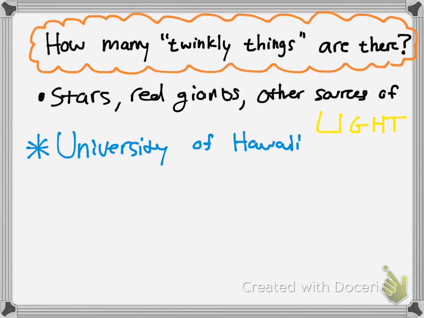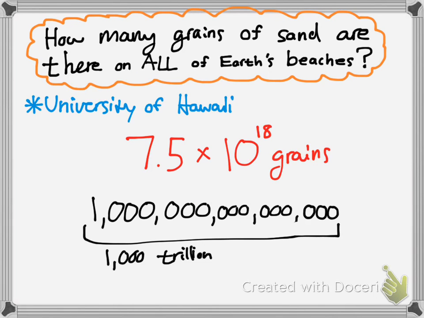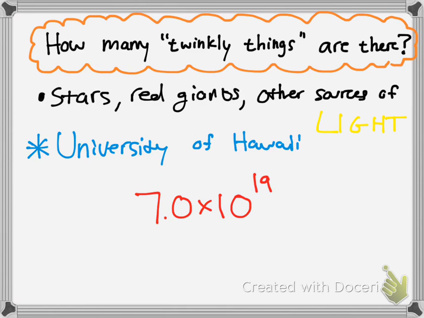It's 10 times bigger than the number of grains of sand that exist on the Earth. So it'd be 7.0 times 10 to the 19th twinkly things, I guess you could call it. They figured that out. Imagine this many sources of light out there.